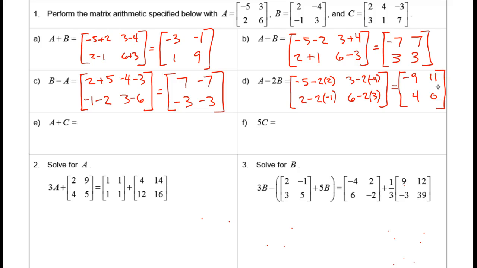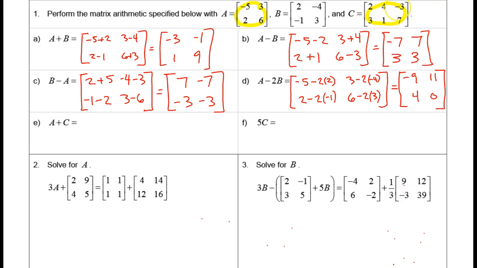Let's look at example E now. We have A plus C. So matrix A is this 2 by 2 matrix here, and matrix C is this 2 by 3 matrix here. Well, this presents a problem for us, because I can certainly see how maybe I would do -5 plus 2 for row 1, column 1, and 3 plus 4 for row 1, column 2.